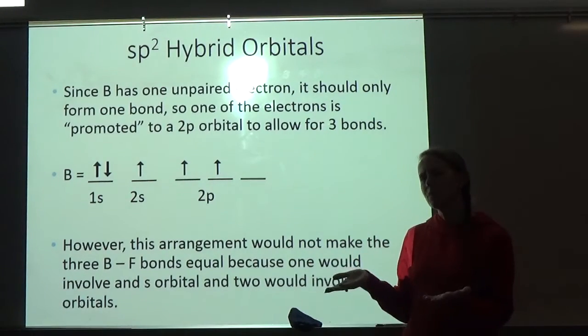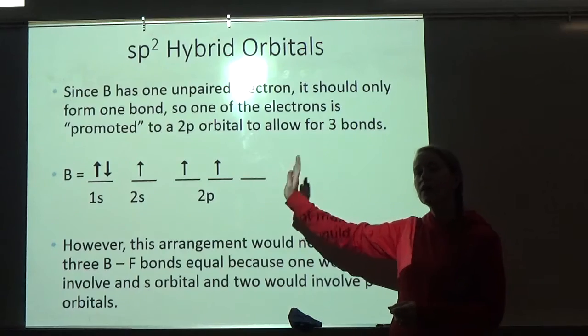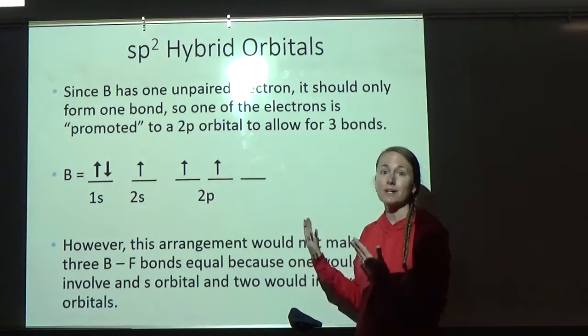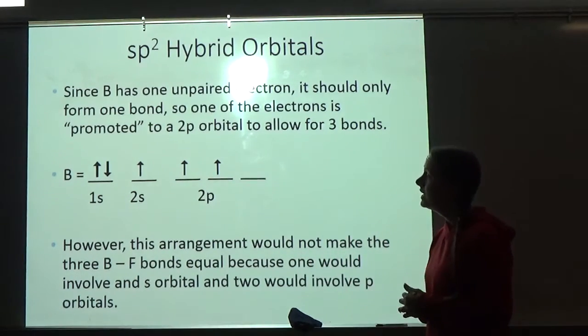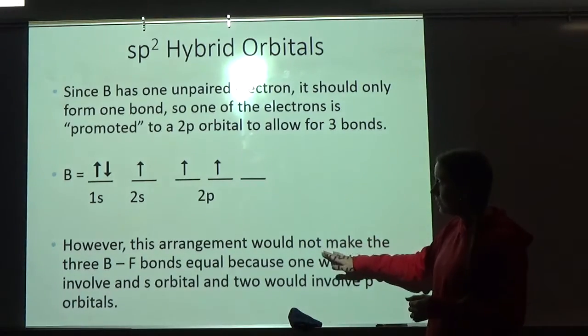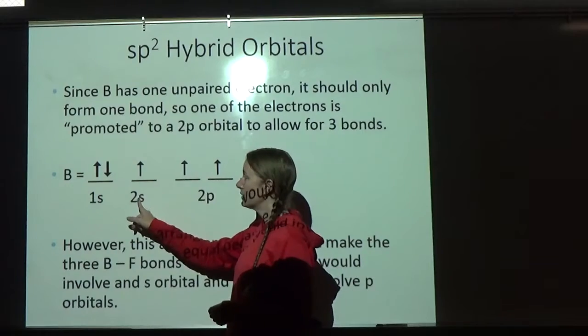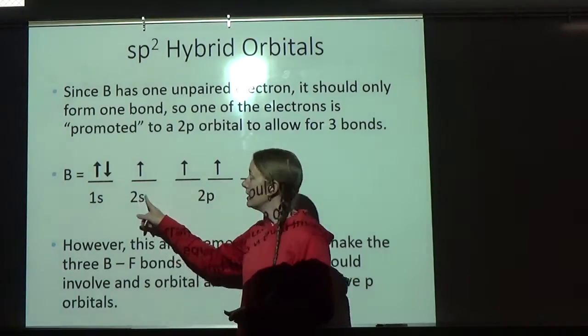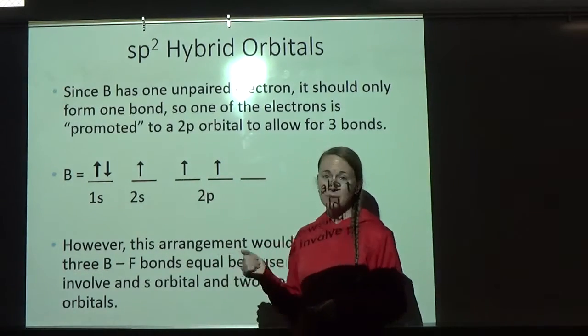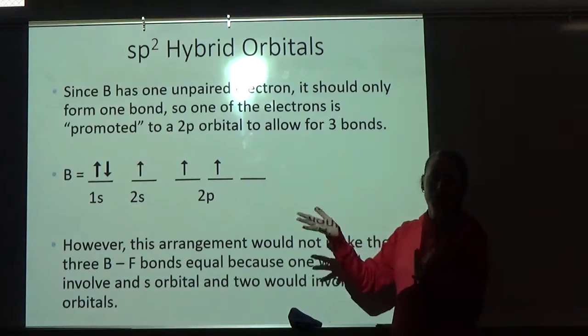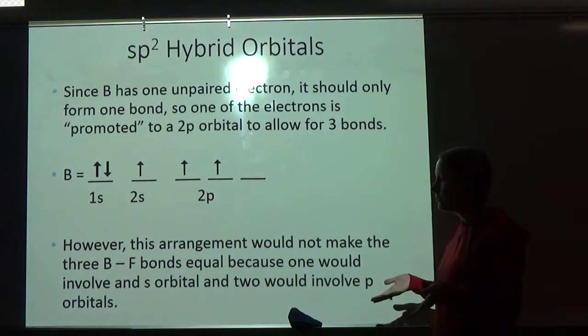But we know it forms 3 bonds. And remember, boron is one of our exceptions to the octet rule, where it tends to surround itself with 6 electrons. However, this arrangement would not make all the bonds equal, because this bond would have an s sublevel, but these two would use a p sublevel. So there should be a different oddball bond, but there's not. All the bonds are equal.